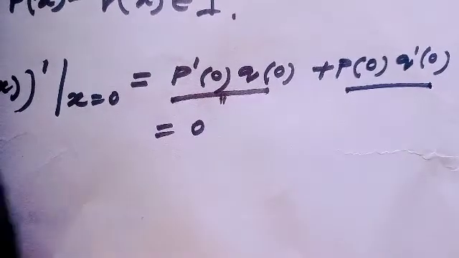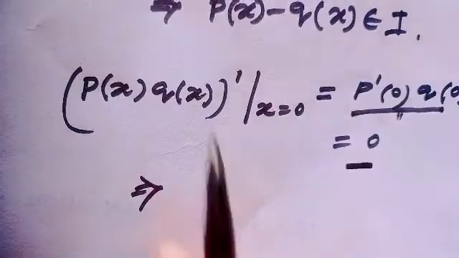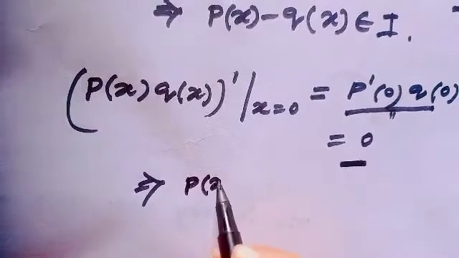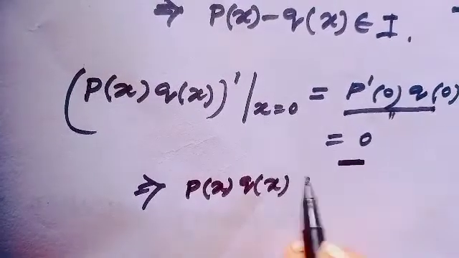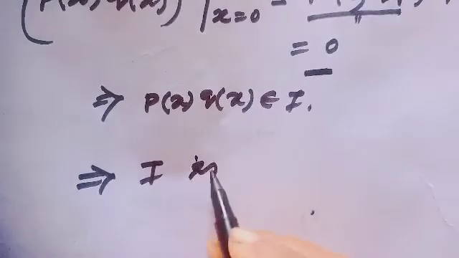That means this is equal to 0, and that implies obviously p(x) times q(x) belongs to the set I. That means I is a subring.